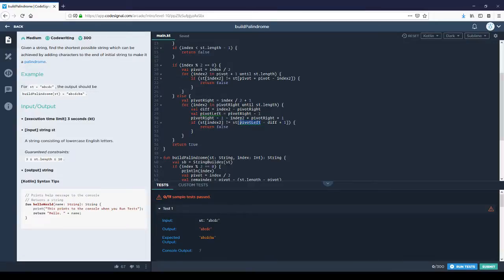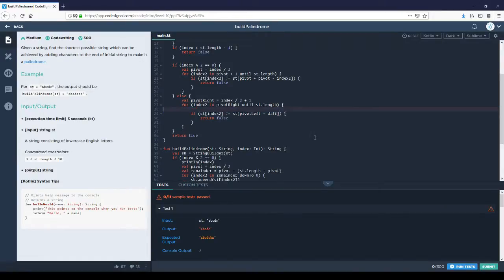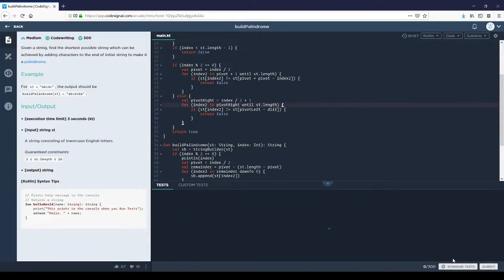Let's check again. So we want pivot left. For 0 we want pivot left. For div equals to, there's actually no +1 here. Div starts at 0. We don't know a pivot left. It's pivot right - 1.